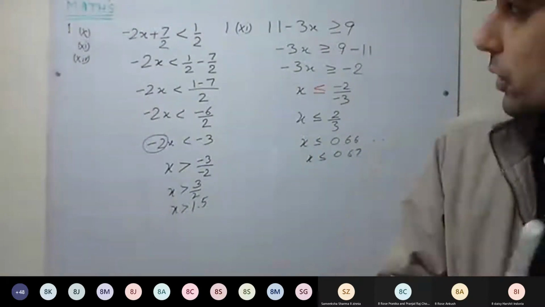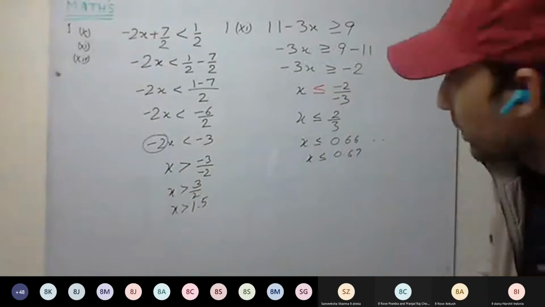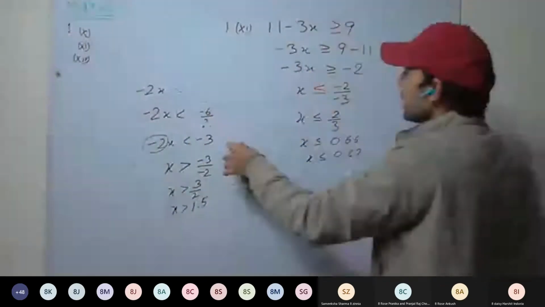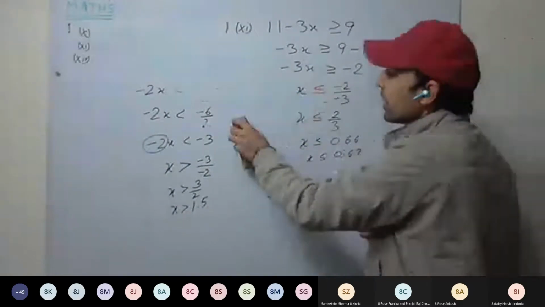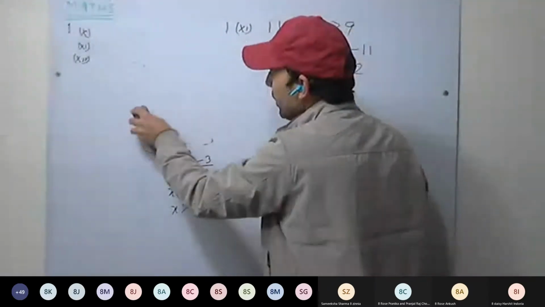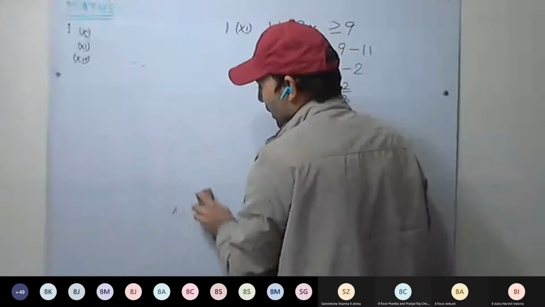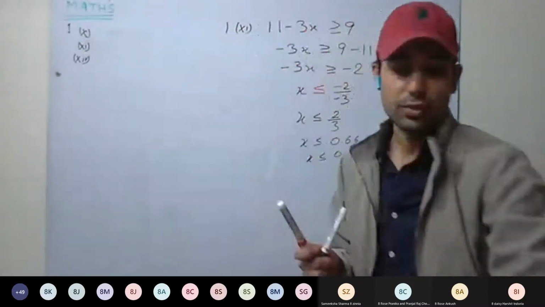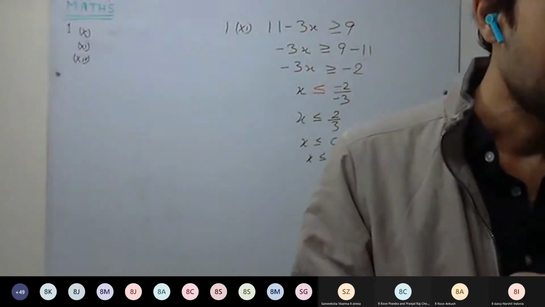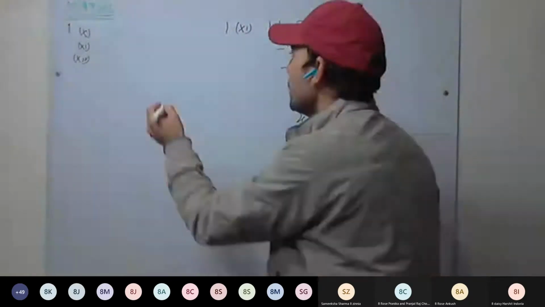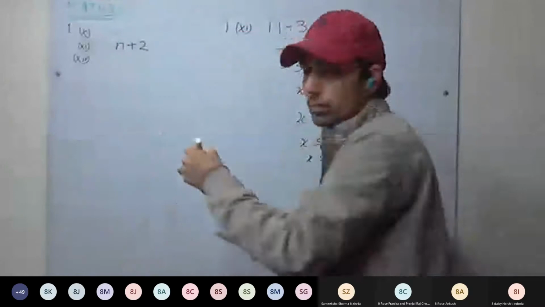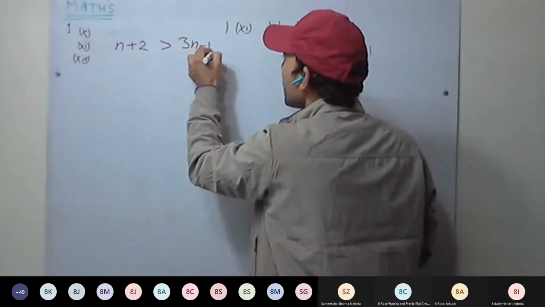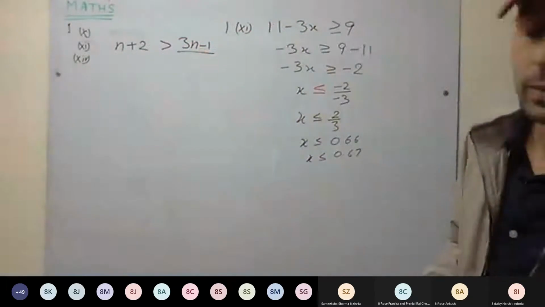Okay. Now which one? 14th. So always remember to reverse the sign whenever we are dividing or multiplying by a negative number, or else your answer will be wrong. n plus 2 greater than 3n minus 1 upon 2.